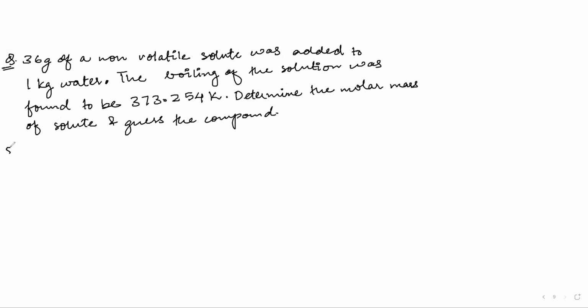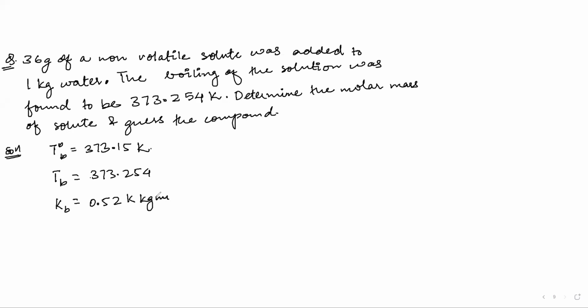Okay. So you have been given the boiling point of the solution. It is obviously increased. First we had water. So we just write what the givens are here. T naught B is equal to 373.15 Kelvin. Then we have T_B is equal to 373.254. K_B is equal to 0.52 Kelvin kg per mole, the same as the previous one, because we have the same thing, water.